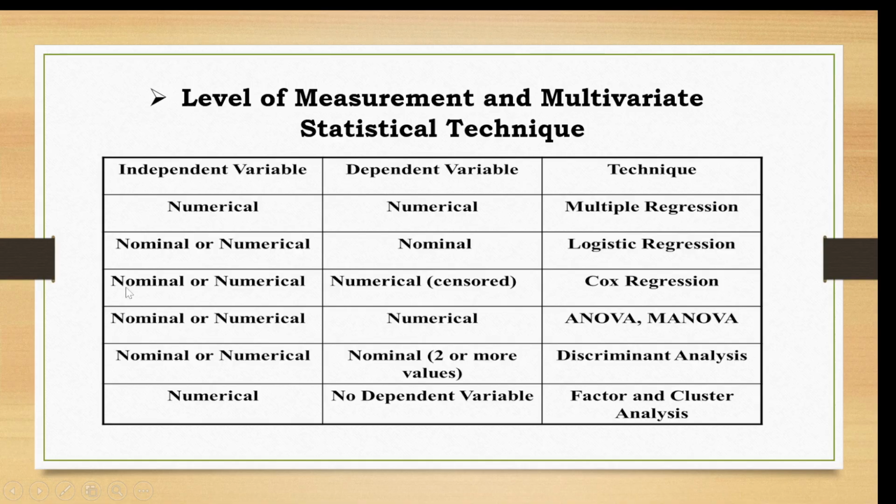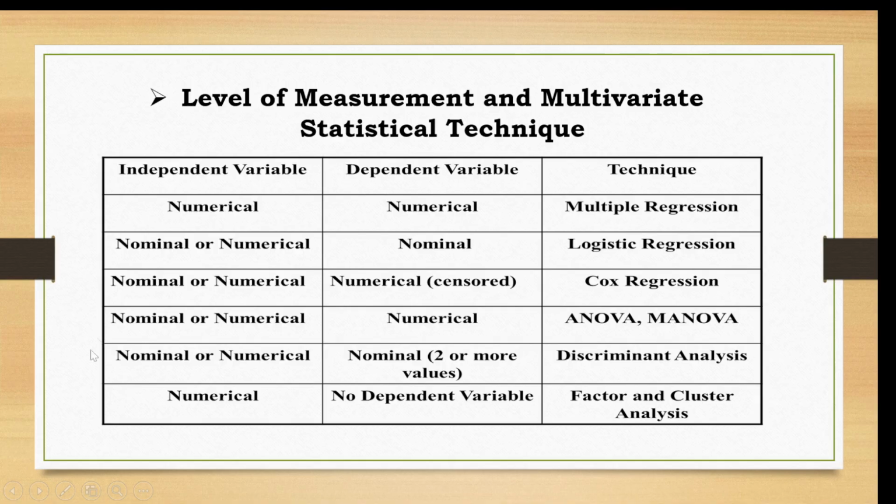And when your independent variable is nominal or numerical, and the dependent variable is only numerical, you can use the Cox regression test. And when you have independent variables which are nominal or numerical, whereas the dependent variable is numerical, you can use ANOVA and MANOVA.